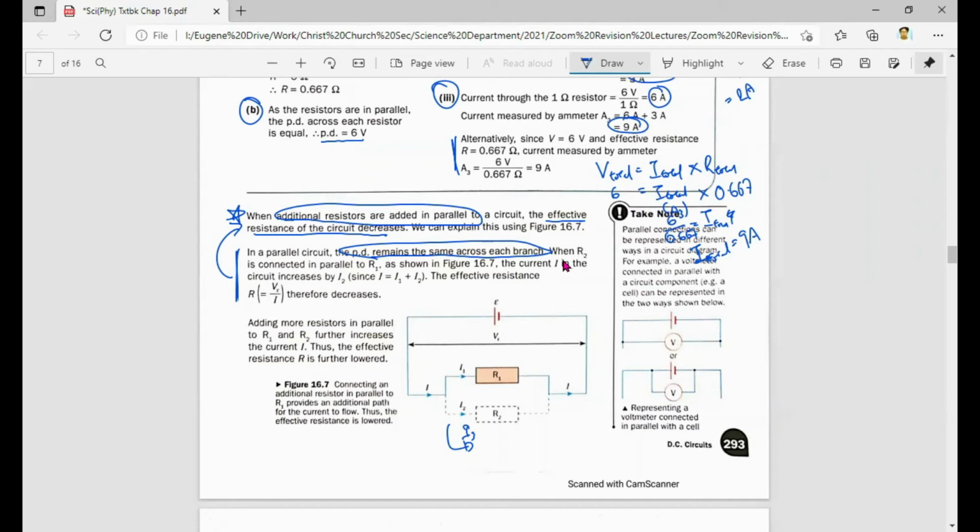So just take note of that, because this tends to be asked at the last few parts of the electricity question, those explanation type. So if you want to score your A's, definitely this is something that you need to take note of.